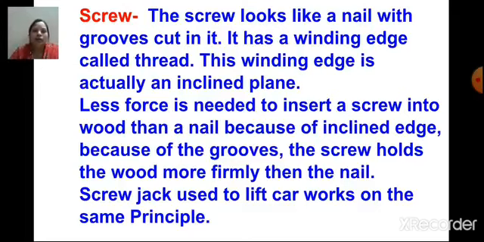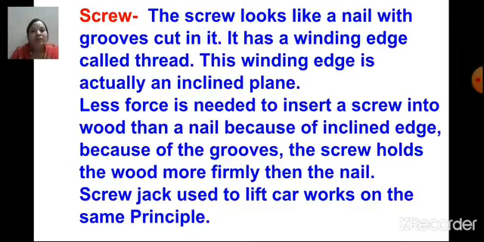And do you know that putting a nail in the wood is more difficult than putting a screw in the wood? Because of those grooves or threads that we saw, the screw penetrates easily, or it goes easily inside the wooden plank. And one more thing, the grip is also tighter.